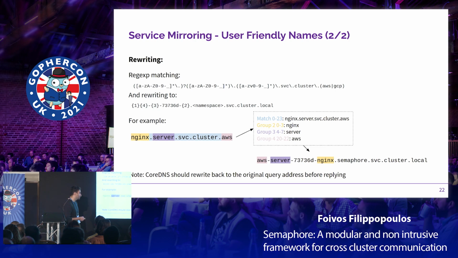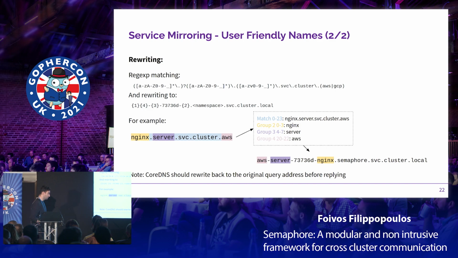Then we can use this one on Core DNS, and we can try to resolve it as usual, right? This should or should not resolve on the local cluster if this mirrored service is available.